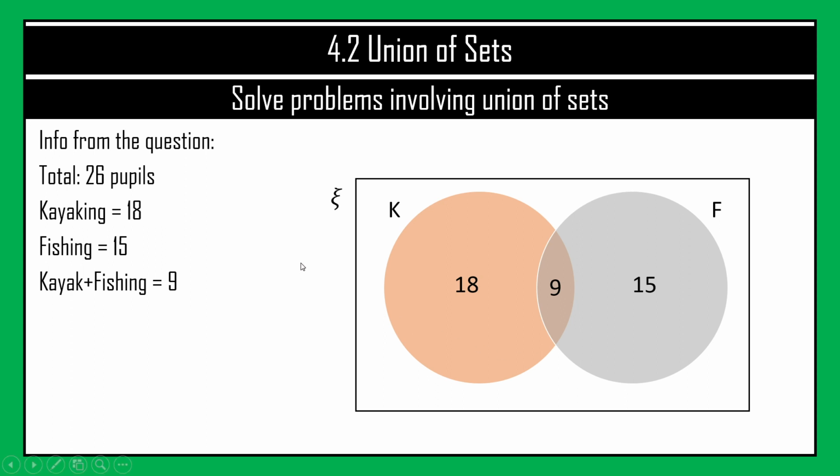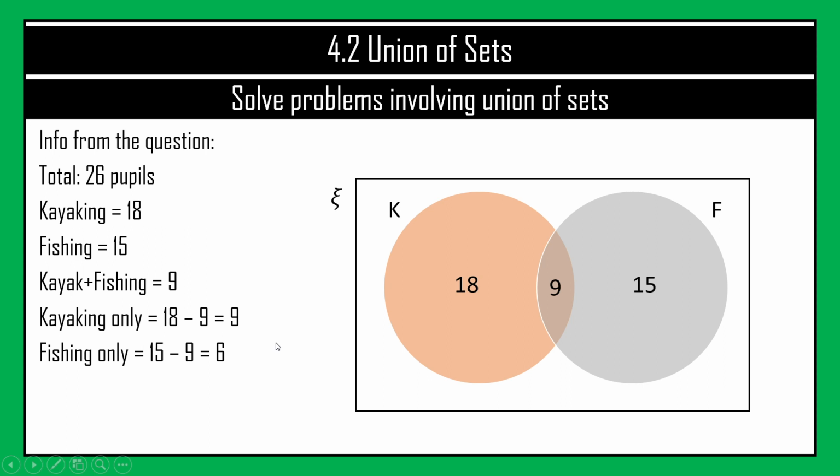Alright, so we need to find first kayaking only. So kayaking only, we need to minus the part where they intersect. So it's 18 minus 9, we got 9. And then the other one is fishing only, which is 15 minus 9, okay, 9 from the intersection. So we got 6.